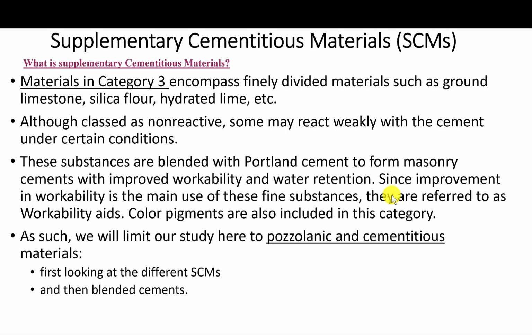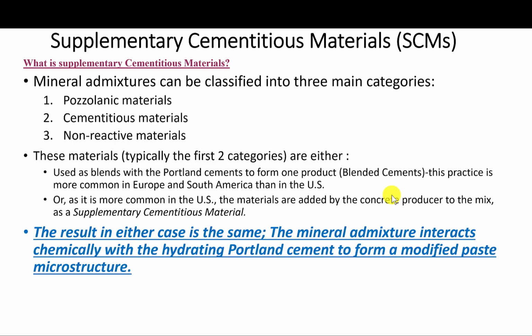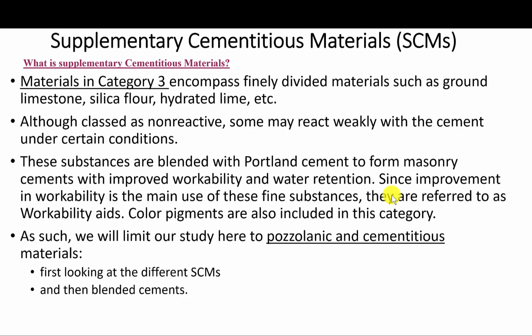The materials in category 3 above, the non-reactive materials, encompass finely divided materials such as ground limestone, silica flour, and hydrated lime, materials of that sort.